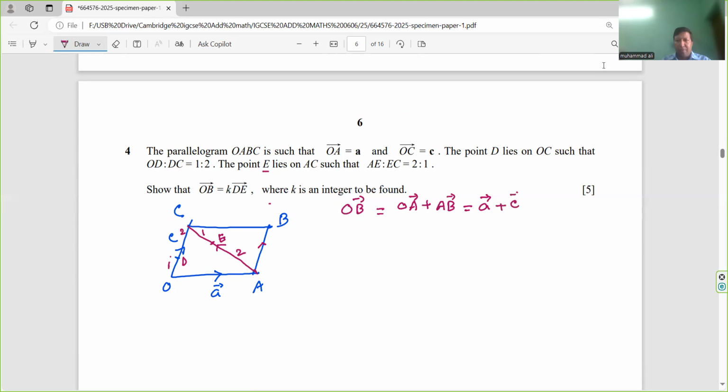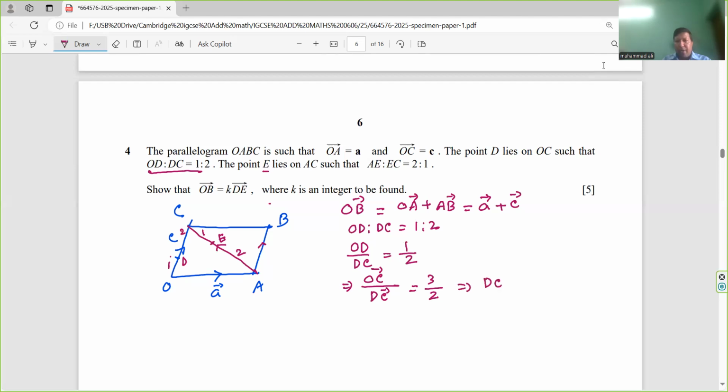This is the c vector. And after that, we know that OD to DC equals 1:2. So we can write OD vector divided by DC vector equals 1/2. Now convert OD into OC. If we convert OD into OC, this is the whole part, below side DC, it will be 3/2.